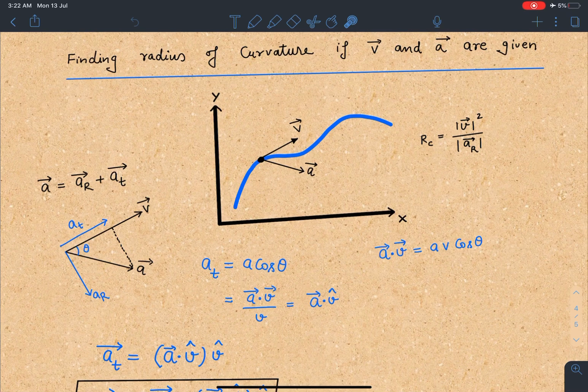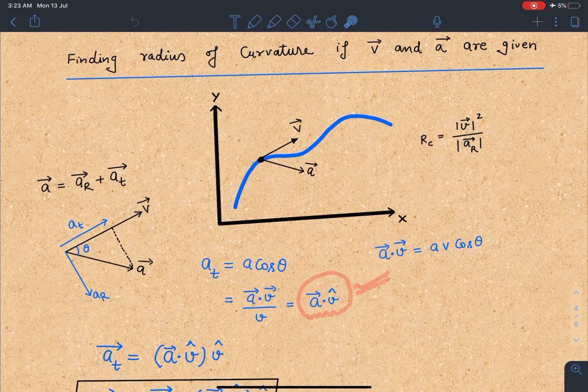So here I can write this AT is nothing but a cos theta magnitude wise, and the direction of this is along v cap. We have this relation here, a dot v is equal to av cos theta. So from here I can substitute the value of a cos theta, which will become a dot v divided by v. So I can write this further as a dot v cap.